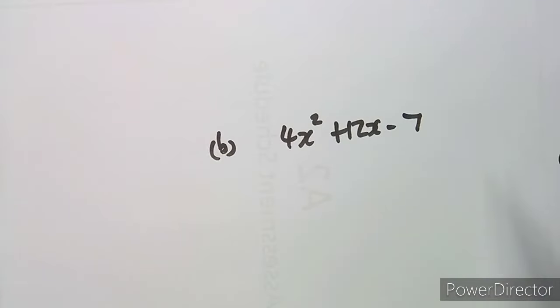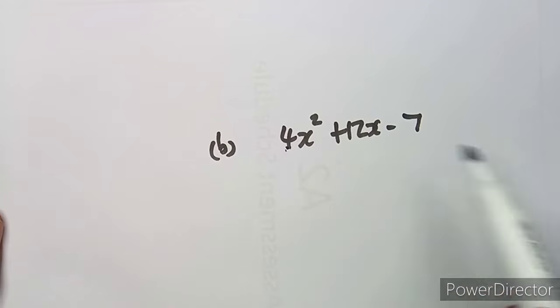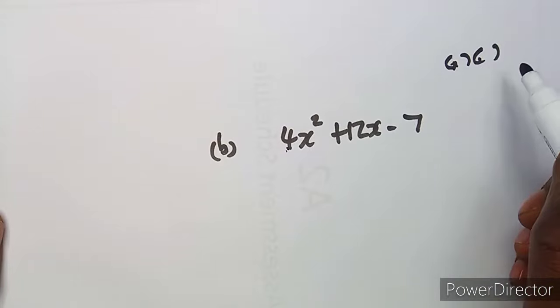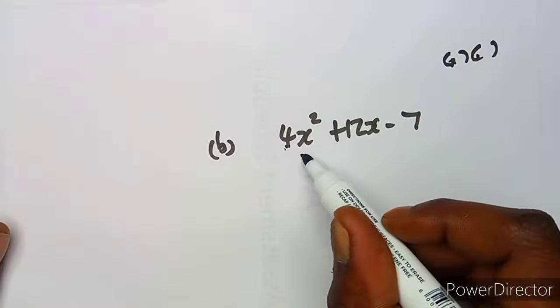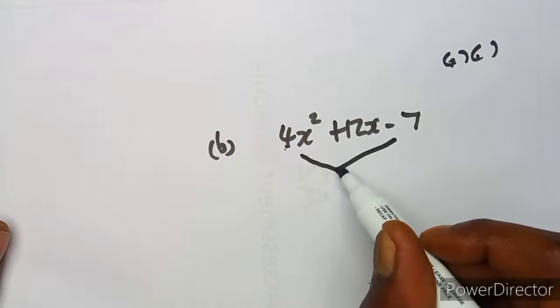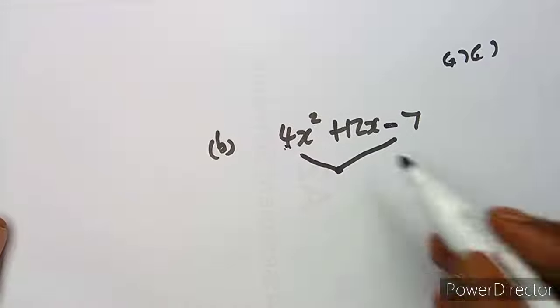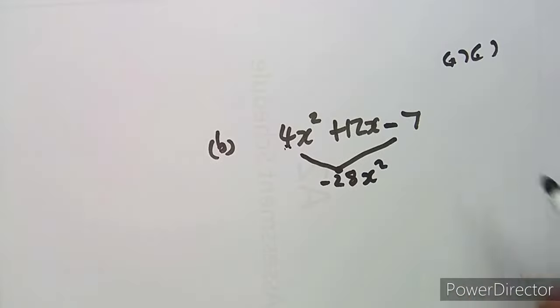So remember, guys, when working with a quadratic expression and the coefficient of x squared is not 1, like this part, when it is 1 you just open two brackets and write x and x. This time it is not possible. So we have to apply the longer way of factorization. Multiply the first term and the last term. So 4 times minus 7, that is negative 28x squared.